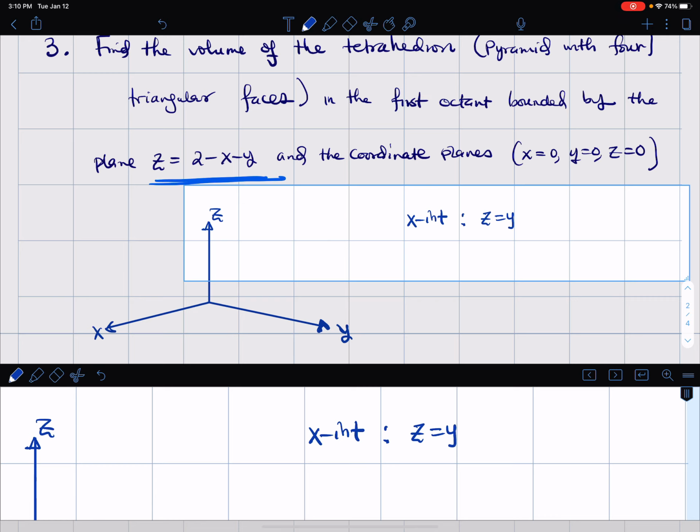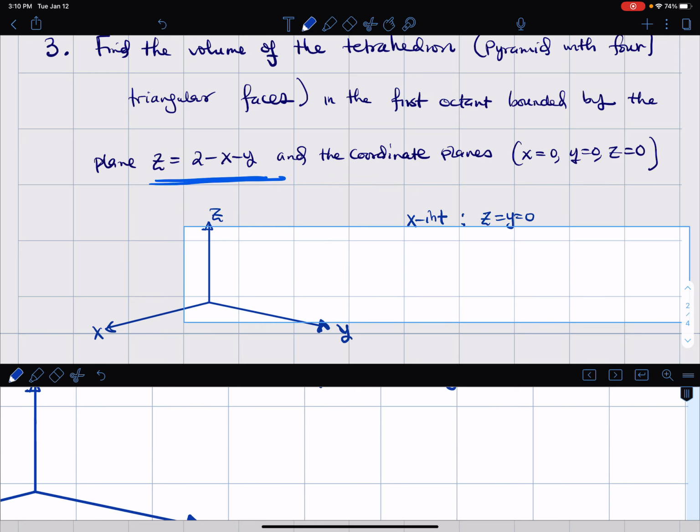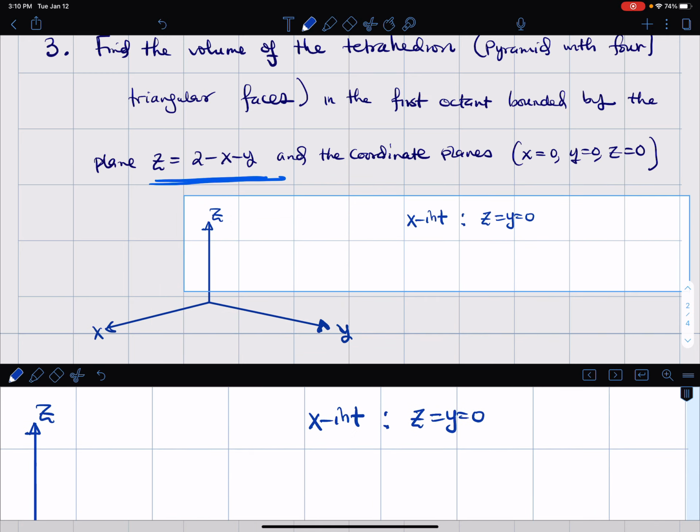Z is 0, y is 0. In that case, we just get x is equal to 2.